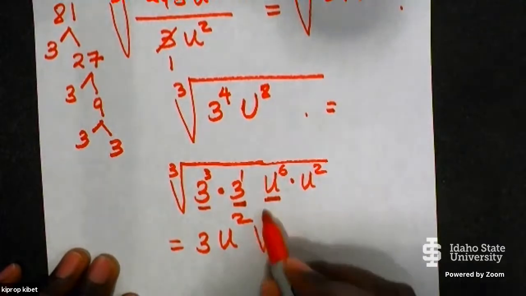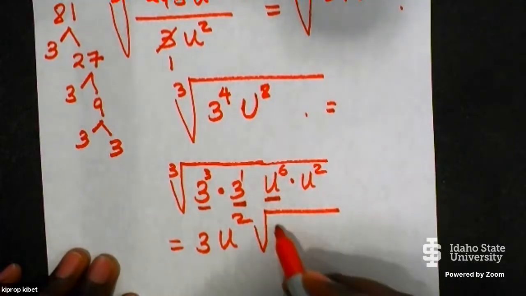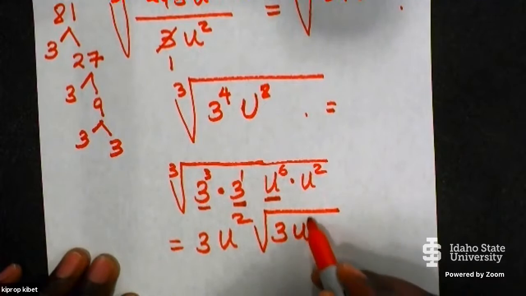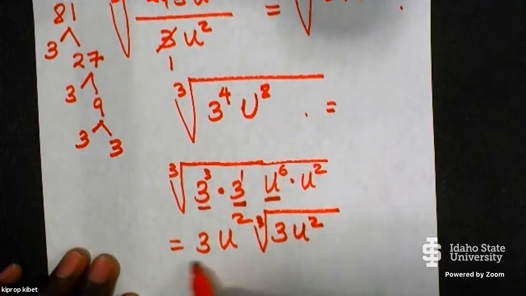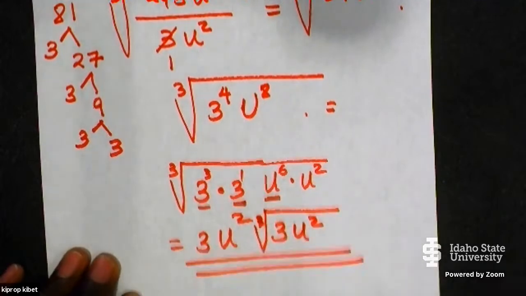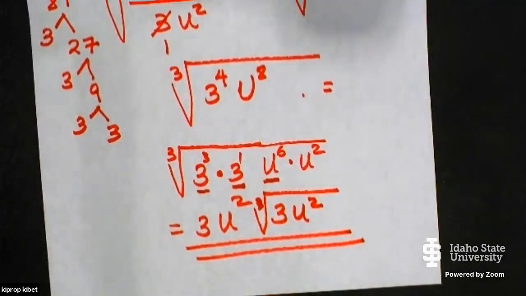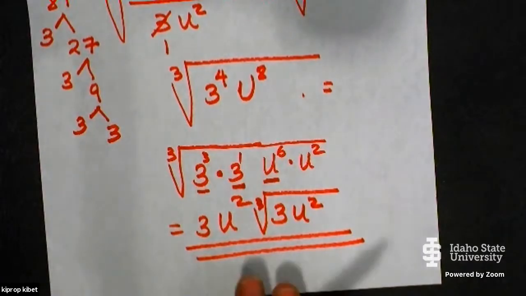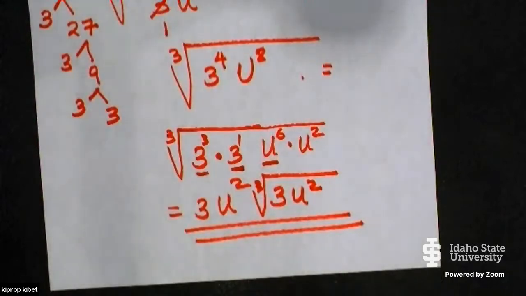And then the cube root of 3 u squared. The cube root of 3u squared. So that's how you can simplify that.